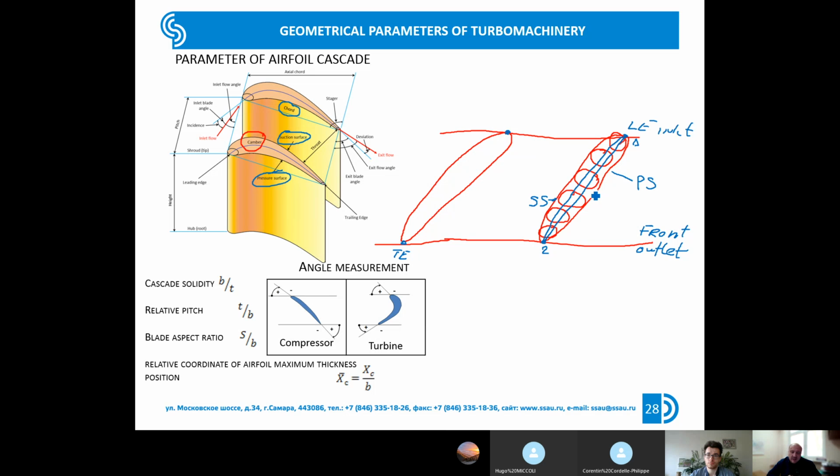The difference is that the Russian and foreign turbomachinery schools were developed separately for a long time and have no big connection. That's why we speak about the same things but use different designations, and that's one problem.